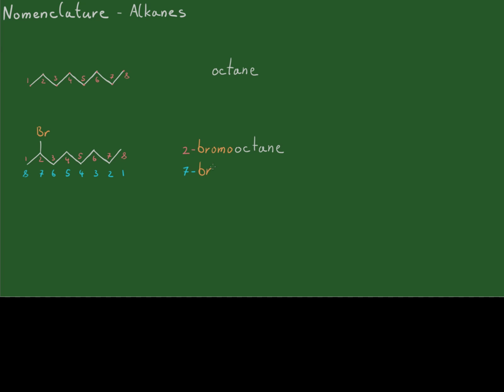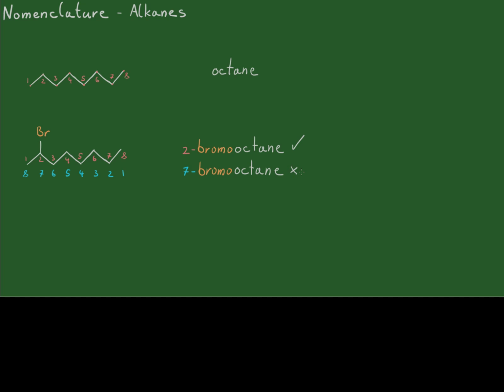So the name would be 7-bromo octane. The rules of nomenclature tell us that we should always aim for the lowest possible numbers. In that case, that is 2, which means this is the correct name, this one is not correct.